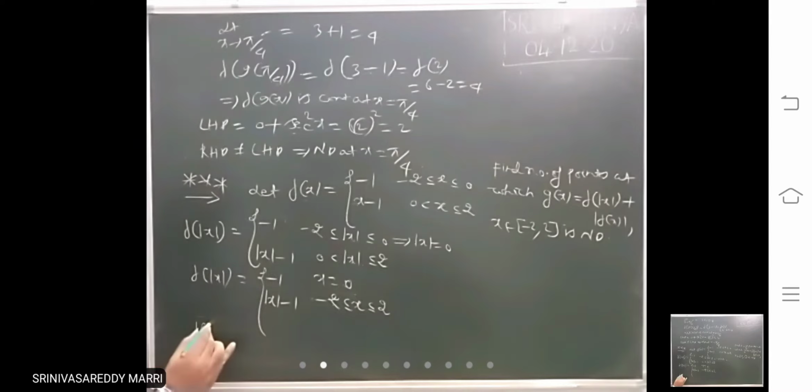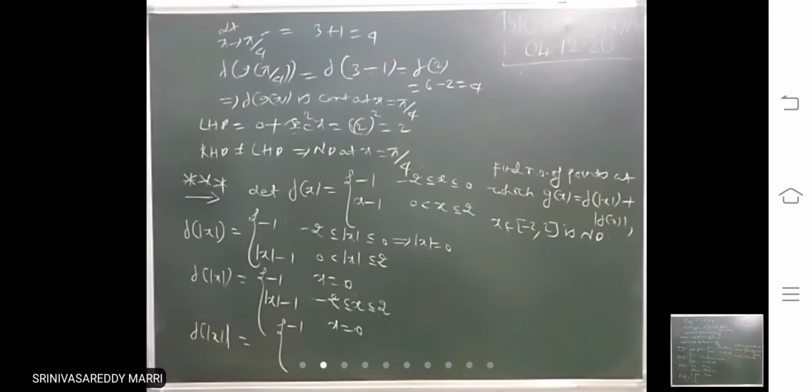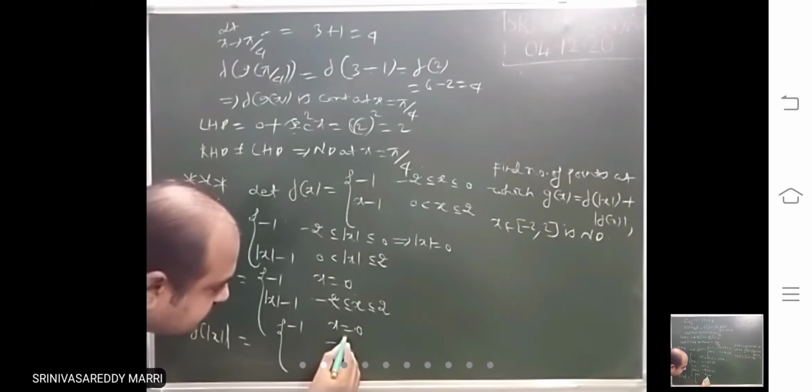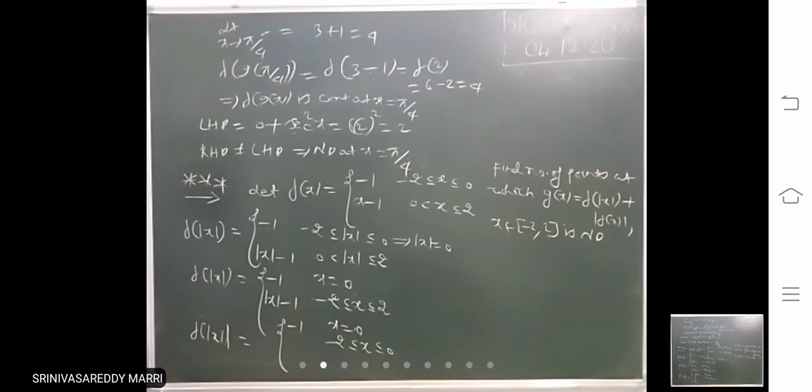That means I am writing the final definition: equals -1 when x equals 0. For -2 to 0, what is this? Minus x.